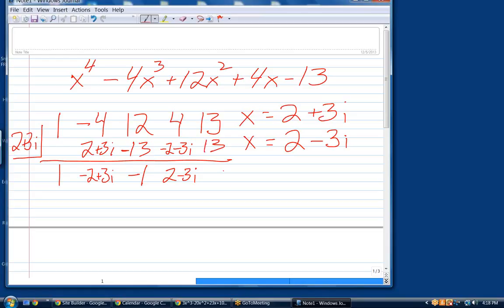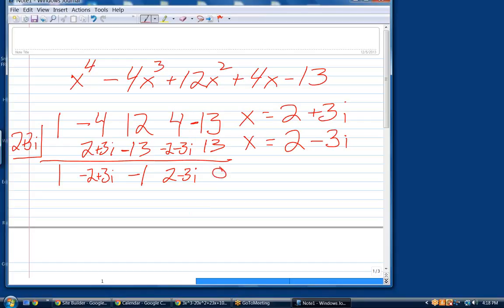We must have done something wrong here. In other words, we need to get 0. Or do we? See that negative 13? That was a negative 13. So we did get 0.